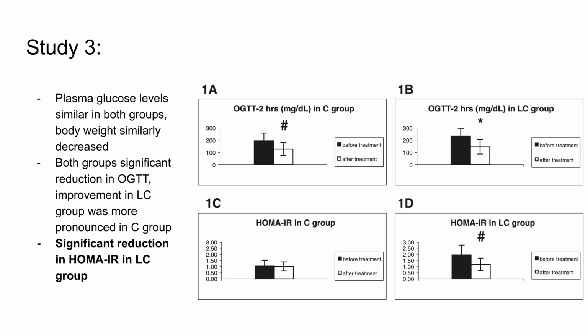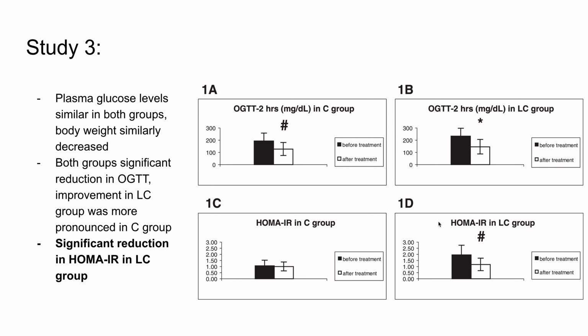At the end of the study, fasting plasma glucose levels were similar, and body weight also decreased between the two groups. Both groups also showed a significant reduction in their oral glucose tolerance test at 2 hours when compared to baseline values, but the improvement in the LC group was a little bit more pronounced compared to the control group that just had the hypocaloric diet.